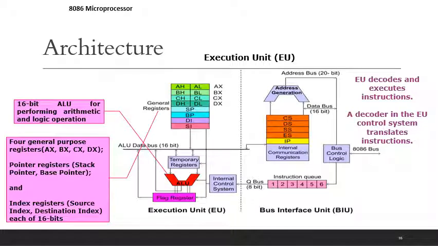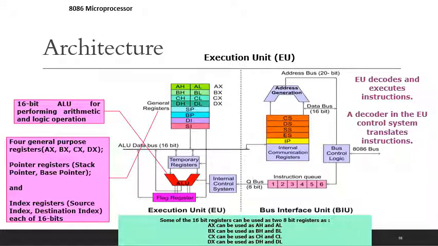It consists of 4 general purpose registers AX, BX, CX and DX. It also consists of a stack pointer and a base pointer. These two are called pointer registers. It also consists of index registers, which we call the source index register and the destination index register, each of 16 bits.